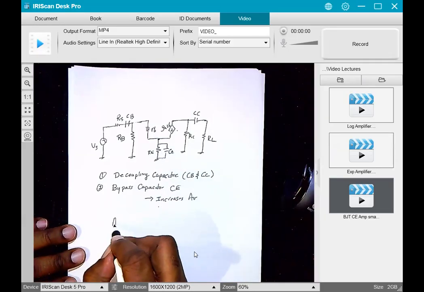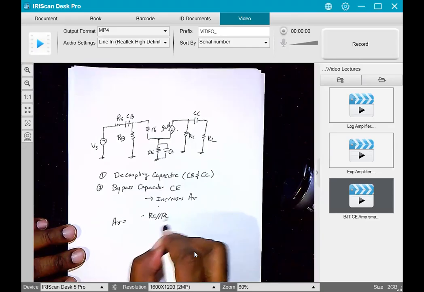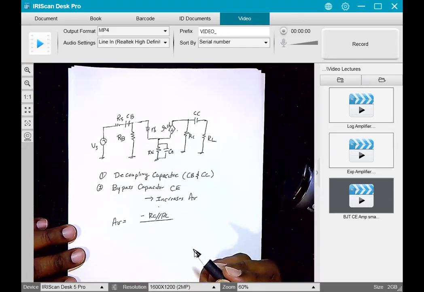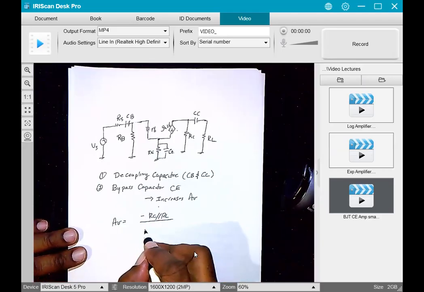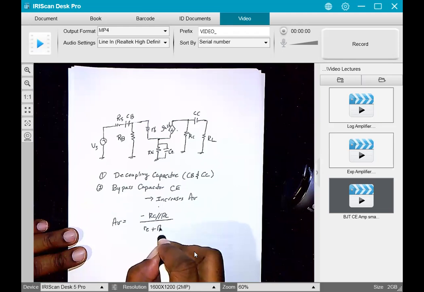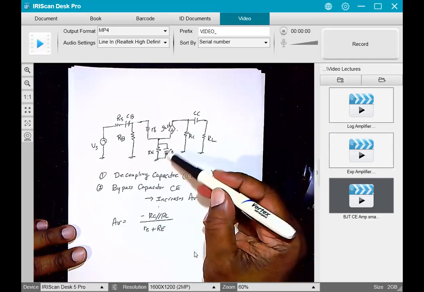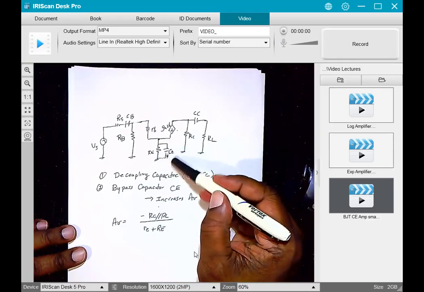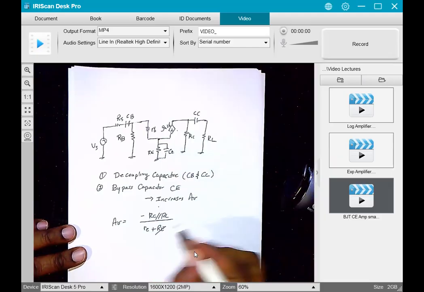And if we remember, our voltage gain was minus RC in parallel with RL, and I'm going to draw it with RE in there, over little RE plus RE. This is what the gain expression was if we didn't have this capacitor here. When we have this capacitor here, then this becomes 0.